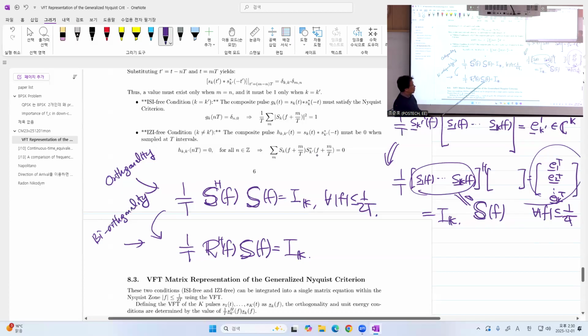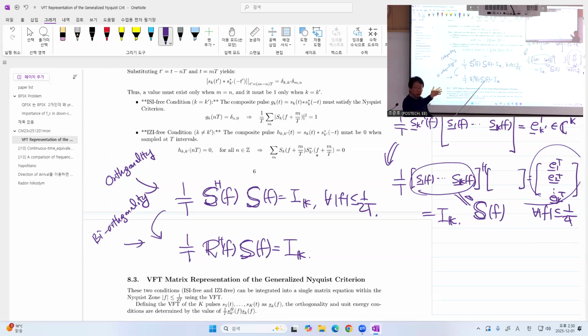Here, S may be understood as the VFTs of the transmit waveforms put in the columns, and R could be understood as the receive filters after vectorized Fourier transform put in the columns. But here, there is a little bit of subtlety because we don't have exact scaling.